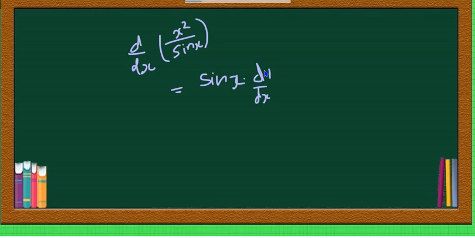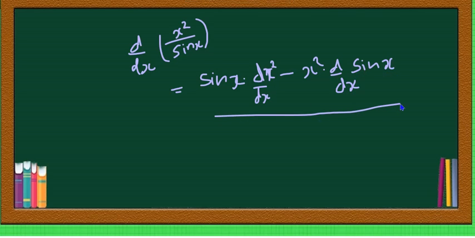What is f of x here? x square. Minus f of x, x square, into d by dx of sin x, g of x, divided by g of x whole square, that is sin x whole square. And this is the formula.